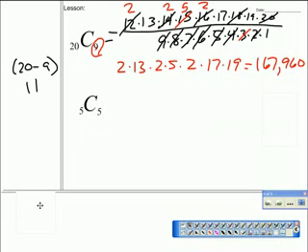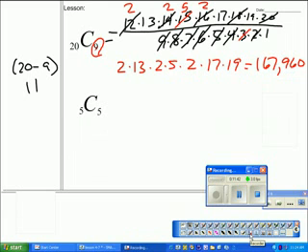Okay, how about that one? 5 factorial. You know that, right? Okay, I'm going to give Marcus 5 different pieces of candy.